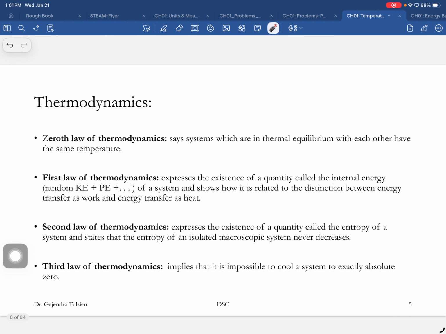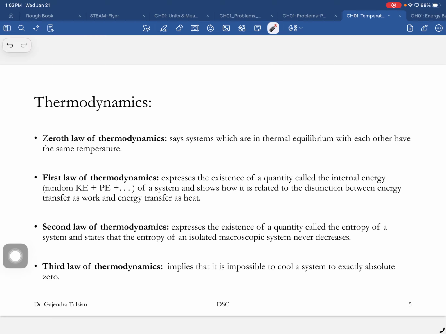So here are the 4 laws of thermodynamics. The 0th law says that systems which are in thermal equilibrium with each other are at the same temperature. Thermal equilibrium means when 2 systems have no net exchange of heat, then they're at the same temperature.